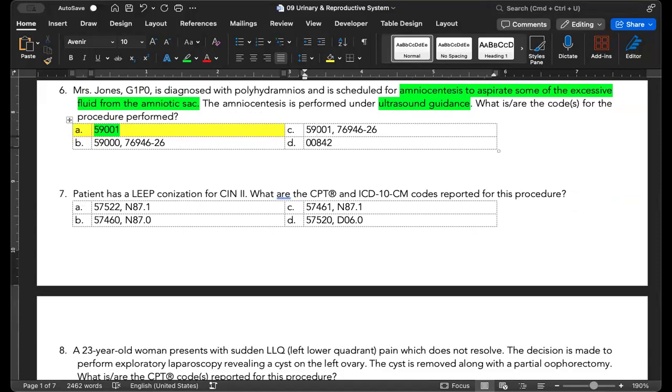Number 7, patient has a LEEP conization for CIN2. Here we have CPT codes and ICD-10 codes. Let's look at this one from a testing perspective and process of elimination. How do you want to do your process of elimination with this one? Any thoughts?